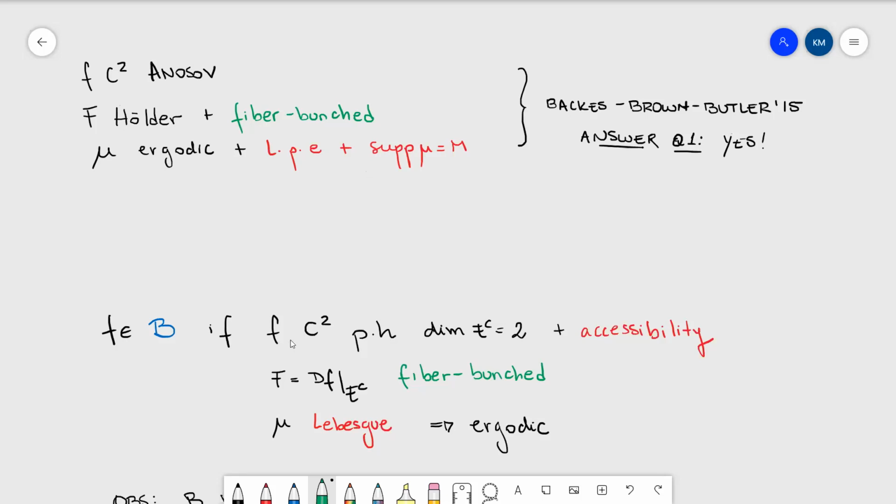So I'm adding here in this setting that was my original setting, the property of accessibility, and I'm restricting myself to the fact of my measure being Lebesgue. And these two red conditions are here in order to replace this condition in the Anosov case. And since this here implies center bunched, by the theorem of Burns-Wilkinson, we know that Lebesgue is ergodic. So I am in the original setting when my measure was ergodic.